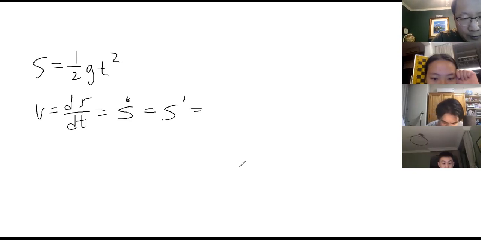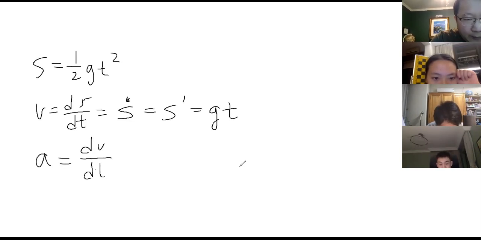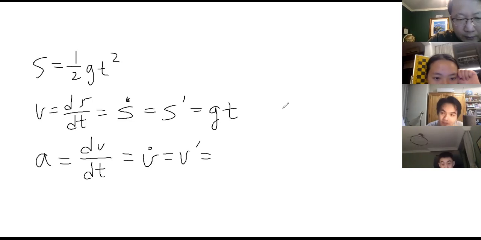But anyway, both mean derivative in calculus. So this becomes g t. And then acceleration is dv/dt, which is v dot, equals g. Got it?